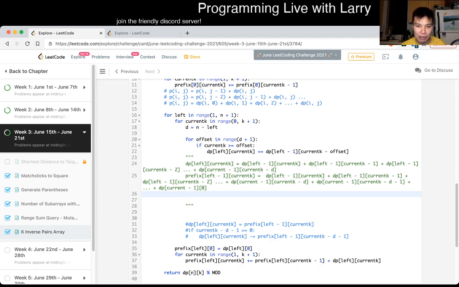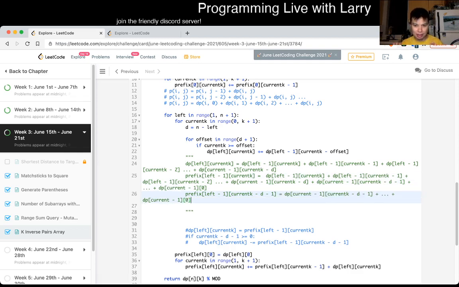But that's not the solution we're looking for. We're looking for this one. And this is where I always find it a little bit tricky, but now you have current K minus D minus 1 is equal to just this chunk. And of course, this is really bad notation for visualizing the lining up, but you can see that if we have this and we have this, then it is just this.